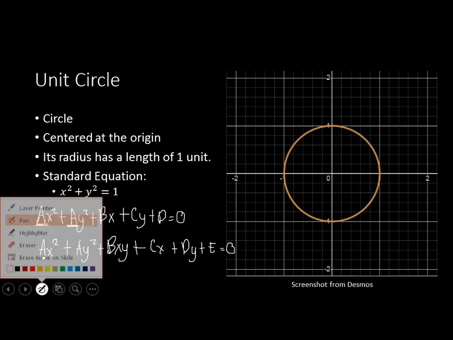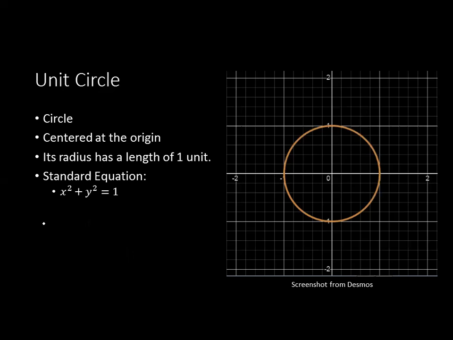Then we have the standard form of a circle. The standard equation of the circle is what? The square of x minus h plus the square of y minus k is equal to r squared, where the center of the circle has the coordinates (h, k) and r is your radius.